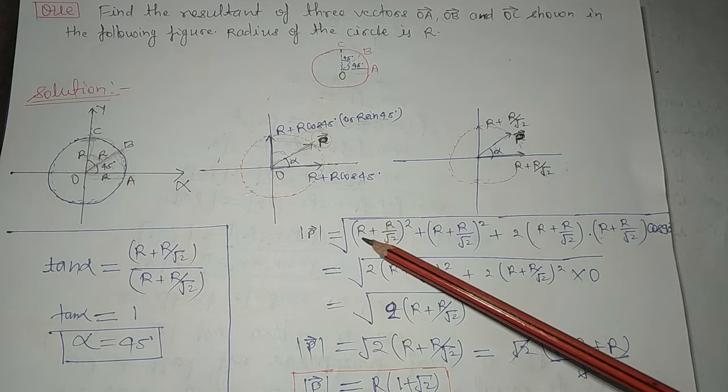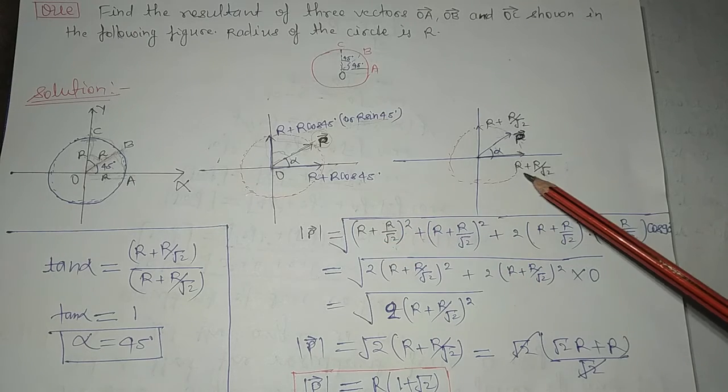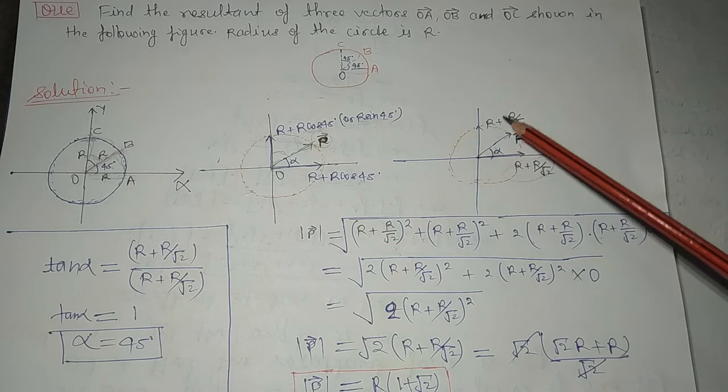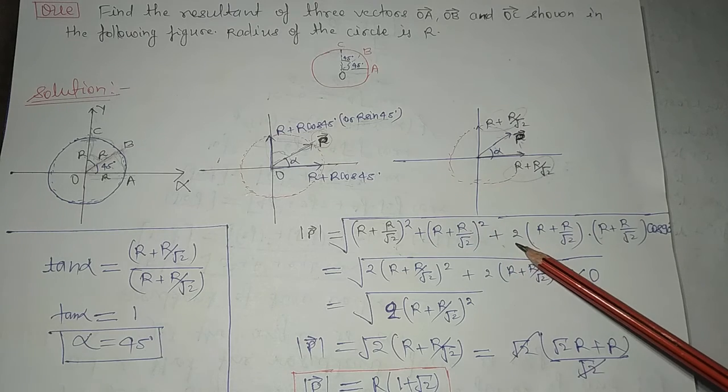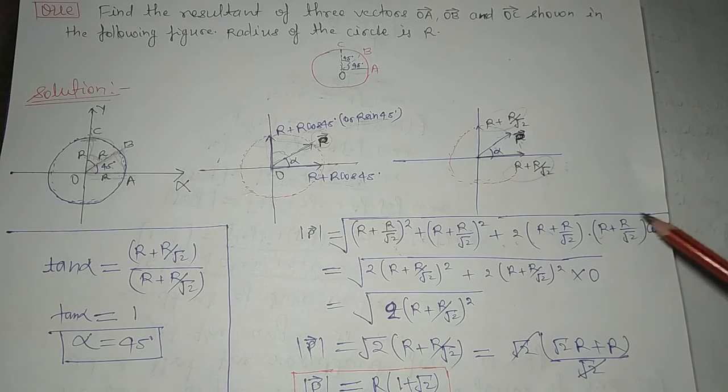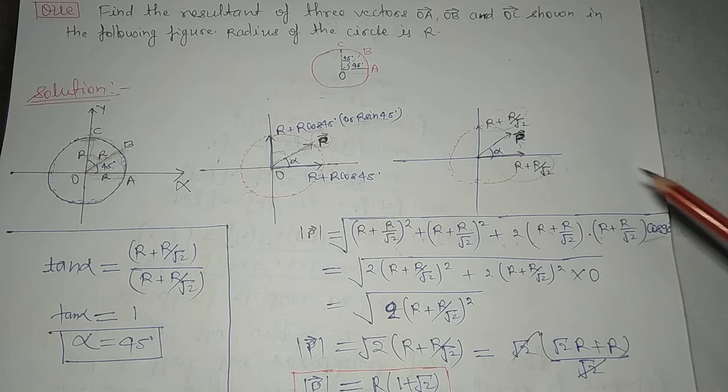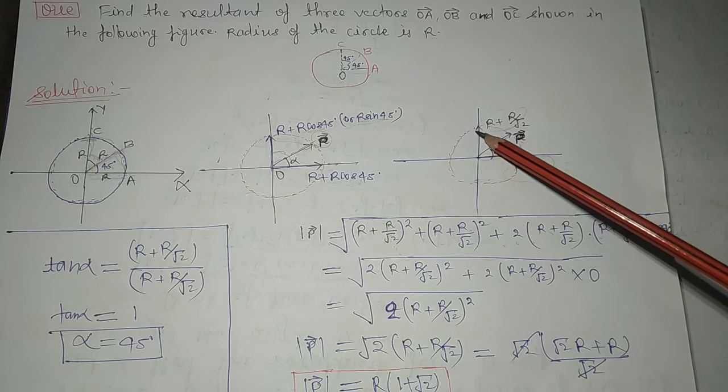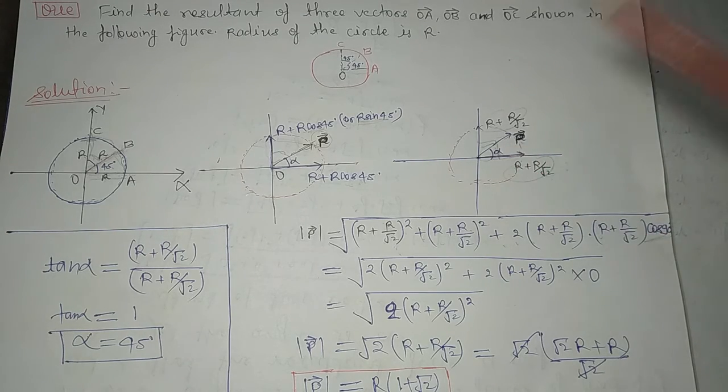So the mod of p is equal to the square root of (r plus r by root 2) whole square plus (r plus r by root 2) whole square plus 2 times these two, and cos of the angle between these two vectors, and this is nothing but 90 degrees. Okay, so this is cos 90 degrees. Since cos 90 is 0, this whole term will be 0.